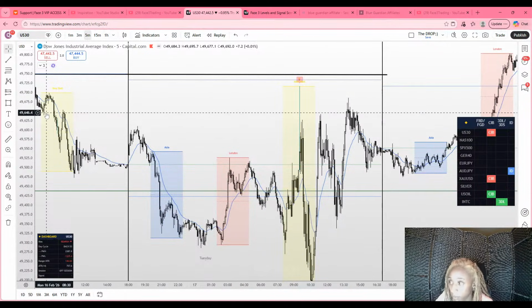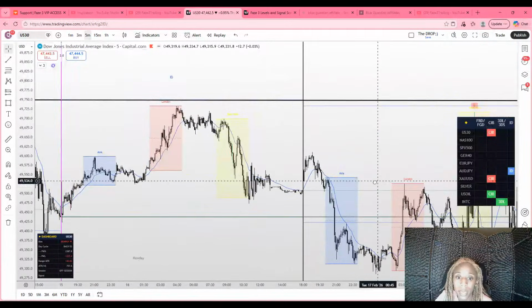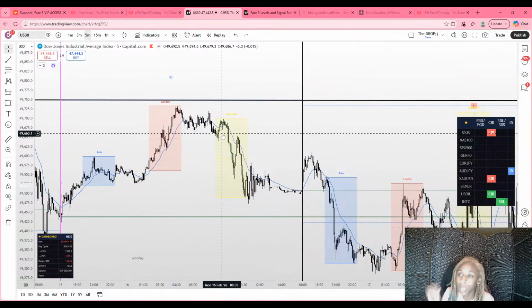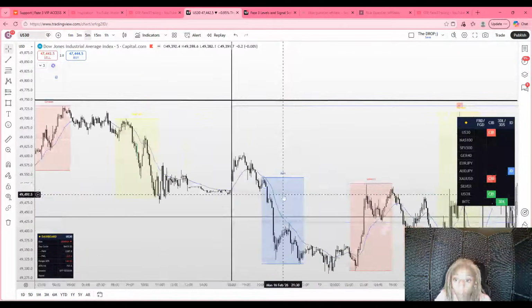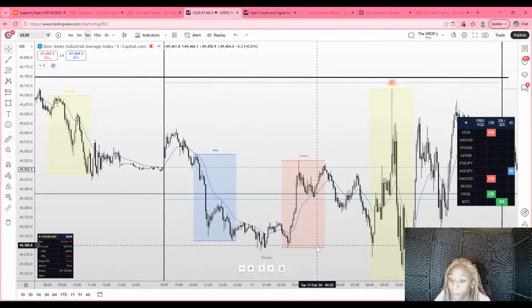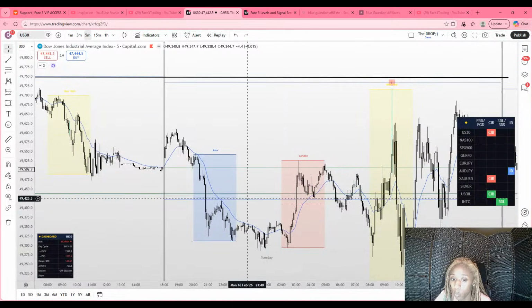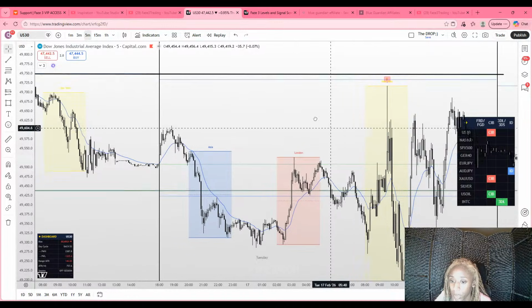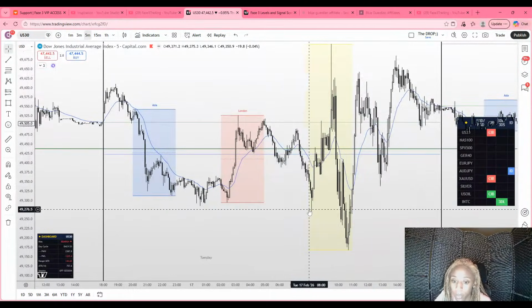I don't do that. Think about it. An inside day is a day within a previous day's range. It's basically consolidation. So I don't want to make a move until I know for a fact that one of these levels is breached.